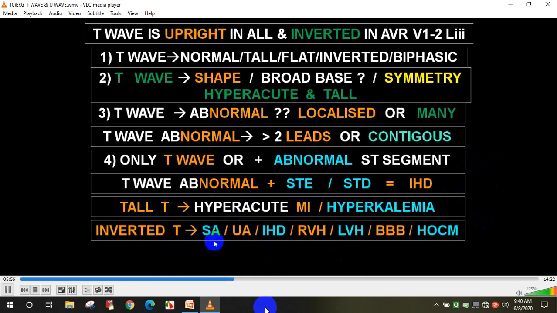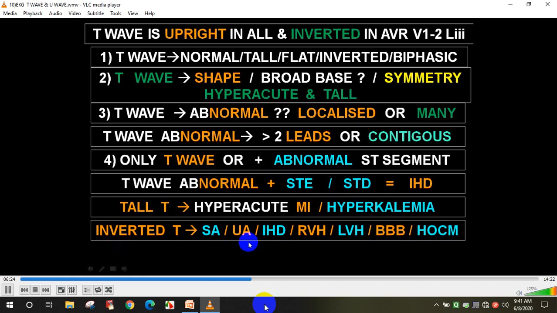An inverted T wave you will get in stable angina, unstable angina, the ischemic heart disease group, in hypertrophy like RVH, LVH with strain pattern, in bundle branch block, RBBB, LBBB, where the T wave will be in the opposite direction of the QRS complex, and in hypertrophic cardiomyopathy also the T wave will be in the opposite direction of the QRS complex.